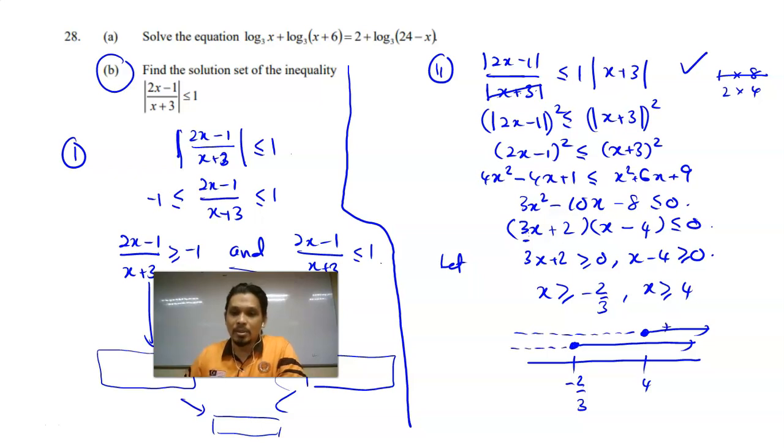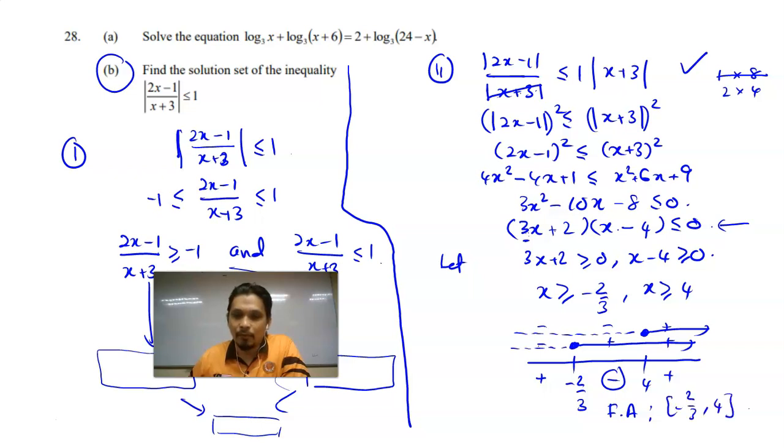So we get positive, positive, negative, positive, negative, and negative. For the multiplication between these two factors, substitute a value of x and you get negative times negative positive, negative, and positive. So the range that we want is where the multiplication between these two factors is less than or equal to 0, of course negative here. So the final answer is from negative 2 over 3 until 4. There you go.